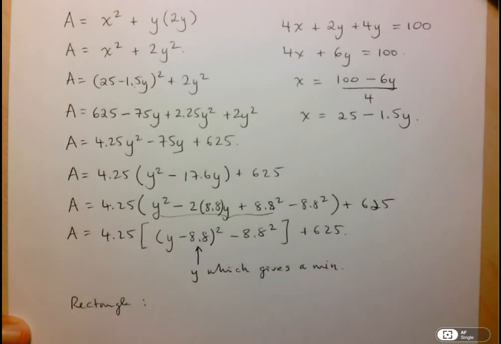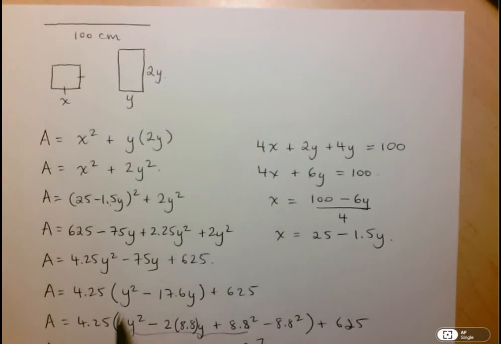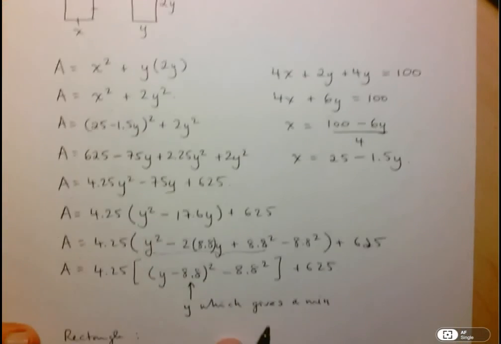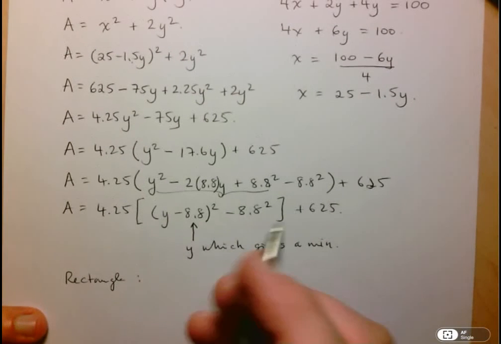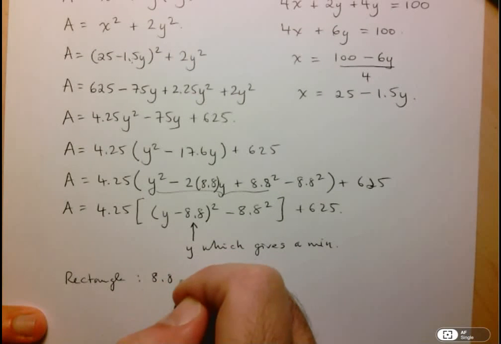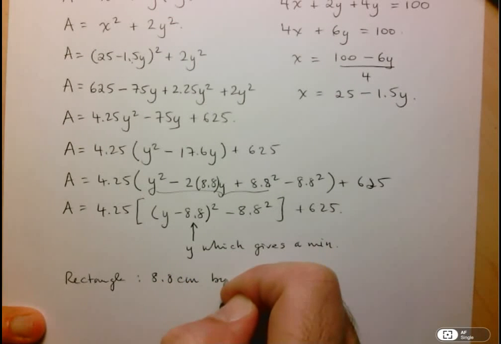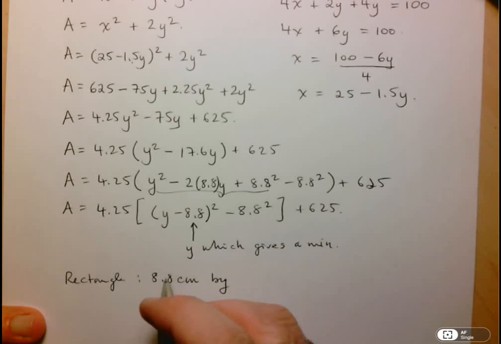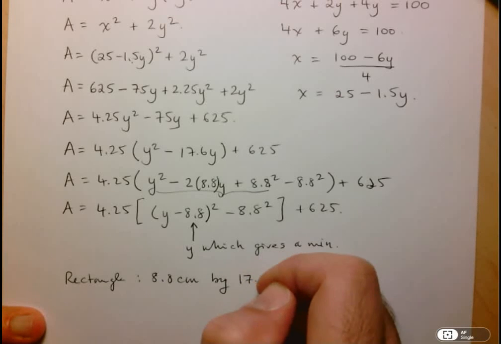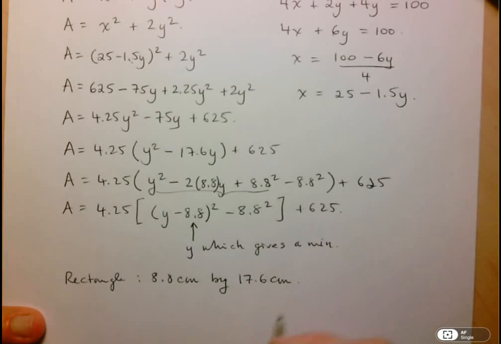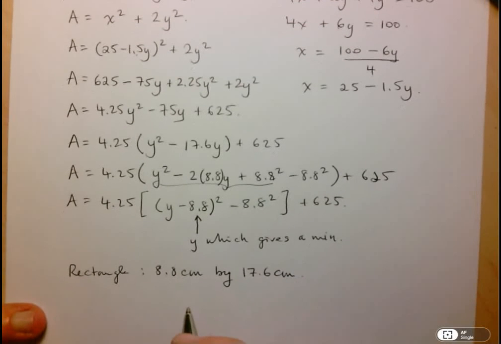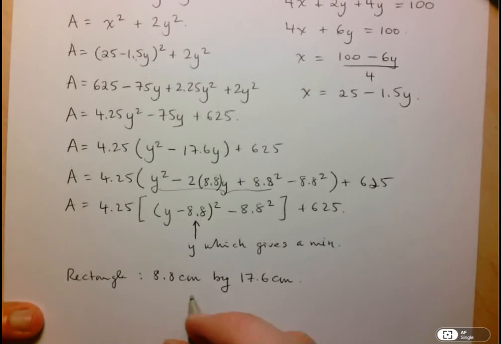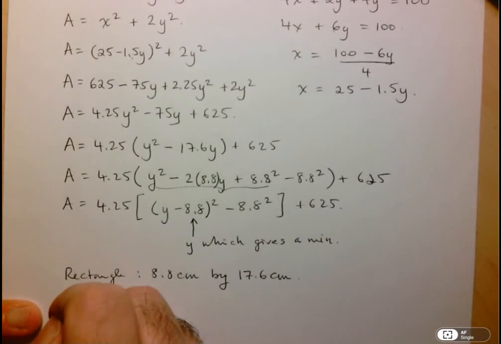We know that a y of 8.8 will solve the problem. For the rectangle, we have the dimensions already because we had y and 2y. So that has to be 8.8 centimeters by twice that, 17.6 centimeters. Now in order to find the value for the square, we can go back and use this expression to find the x value.